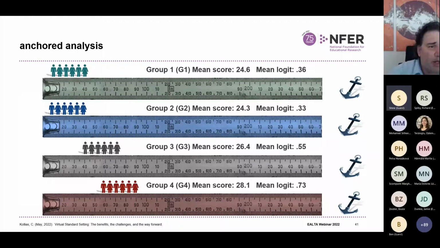Now, by anchoring the items, if we now look at the laser point, 24.6, this is round 1, by the way, I'll explain that later, had a virtual cut score of 0.36, 24.3, 0.33. This looks really logical. Looks like they're all on the same scale.